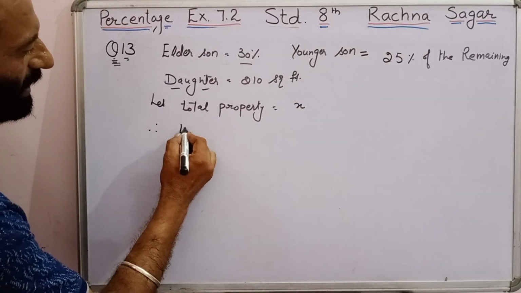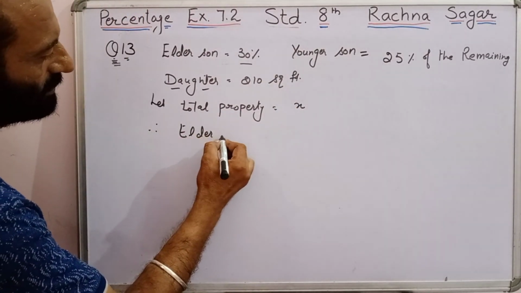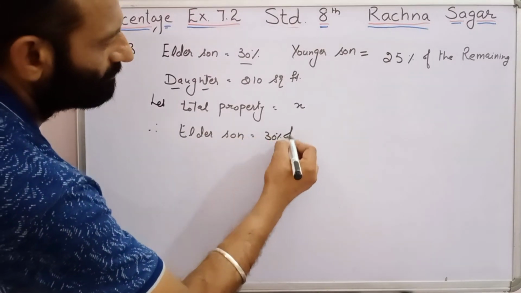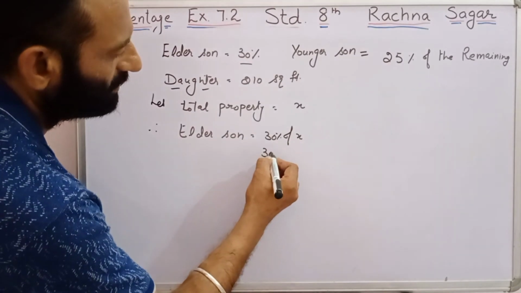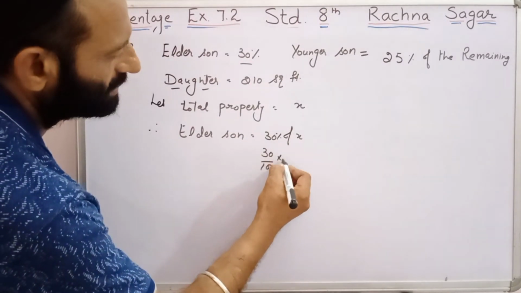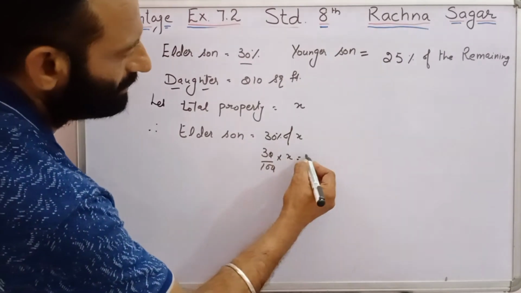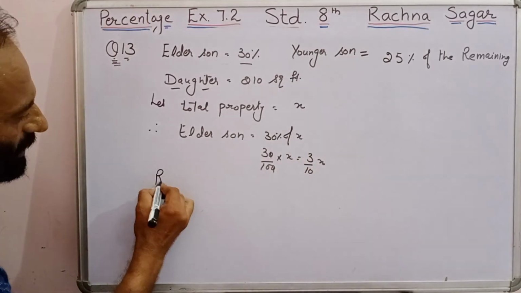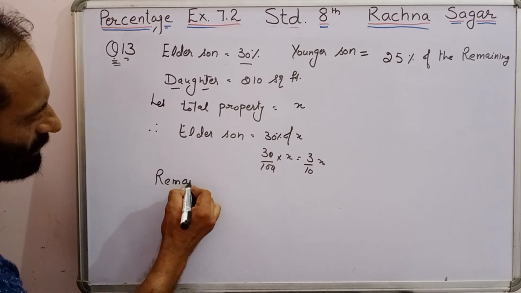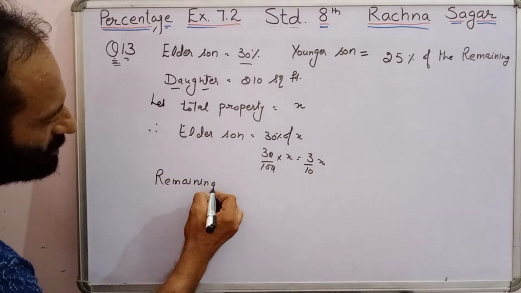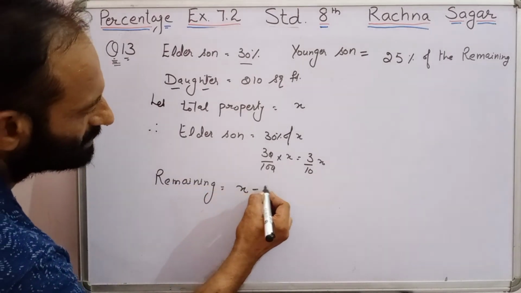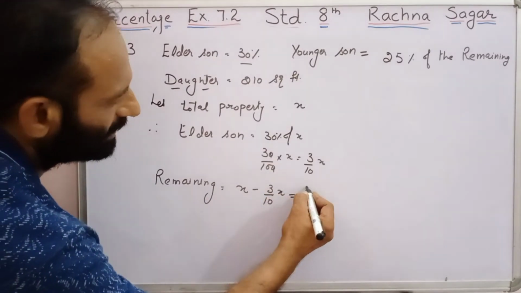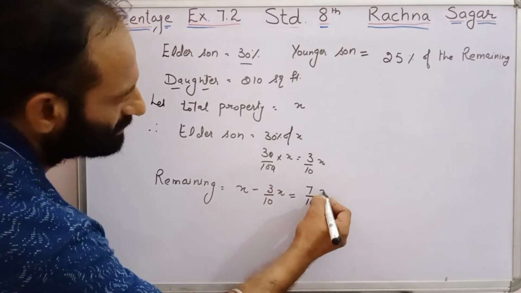Therefore, elder son got 30% of X, that is 30 over 100 into X, that is 3 by 10x. Therefore, remaining property is total property minus the property received by the elder son. X minus 3 by 10x is 7 by 10x.